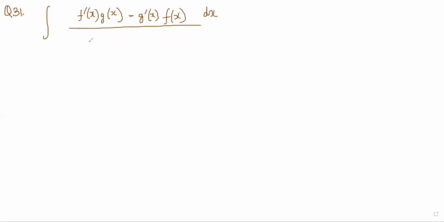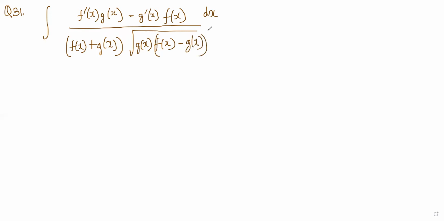This is basically the integral of f dash x gx minus g dash x fx dx divided by fx plus gx root over gx fx minus gx, something like this.